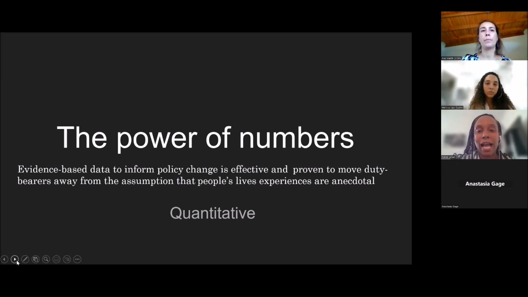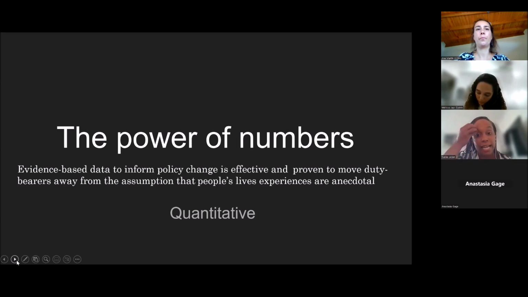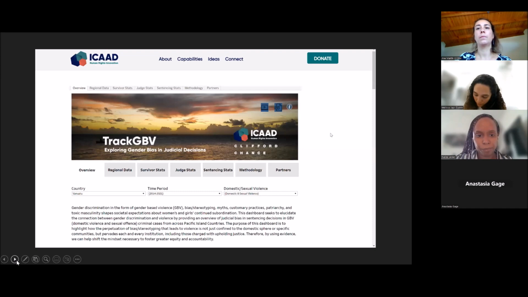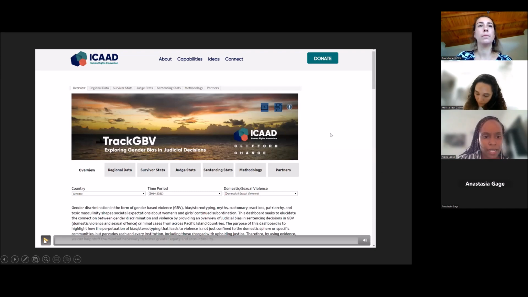But what happens is whenever we get information that is not backed by statistics or numbers, we cannot talk about structural change in a way that is effective, in a way that will influence the duty bearers, because we will get the pushback that it just might be anecdotal. So this is why it's important to look at the power of numbers.